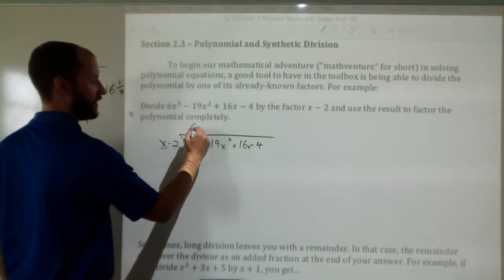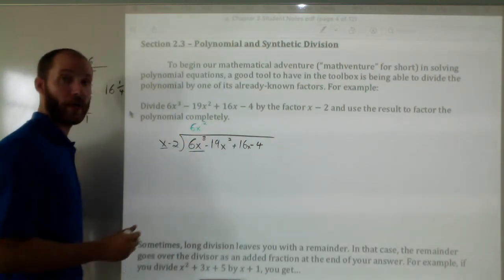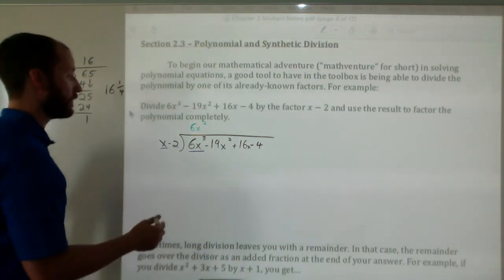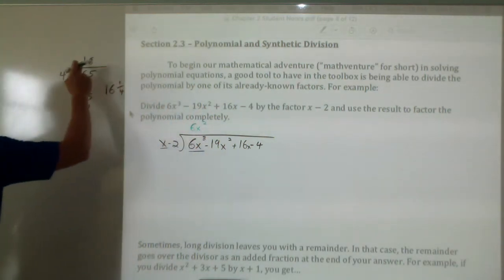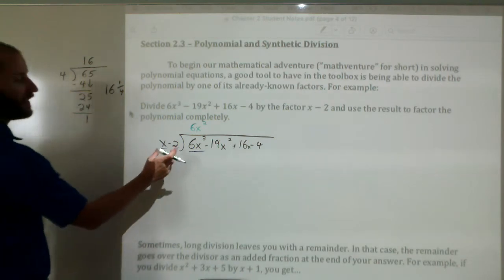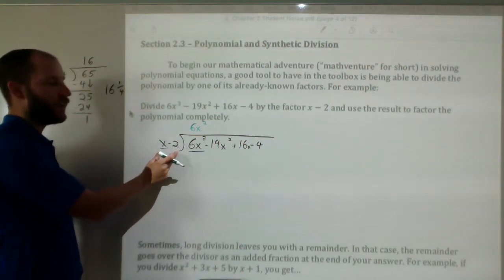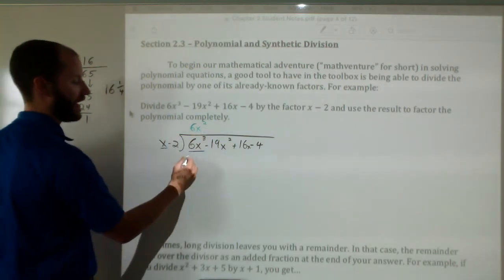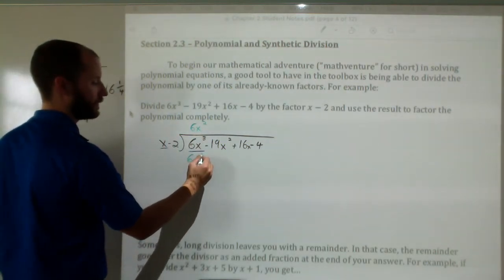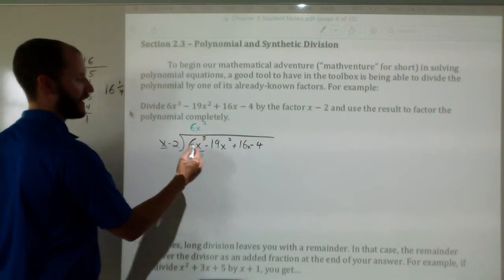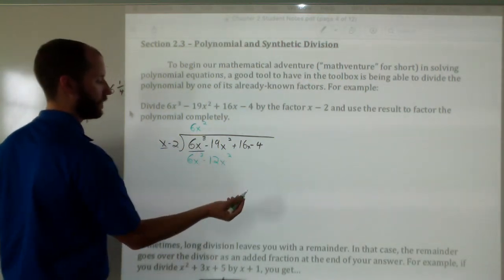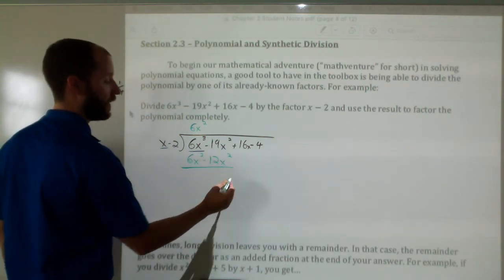That would be 6x squared. 6x squared multiplied by x gives you 6x cubed. So now we need to multiply down. But this here is a binomial, 2 terms. So when you multiply down, you need to distribute: 6x squared times x, and 6x squared times negative 2. And then we need to subtract.